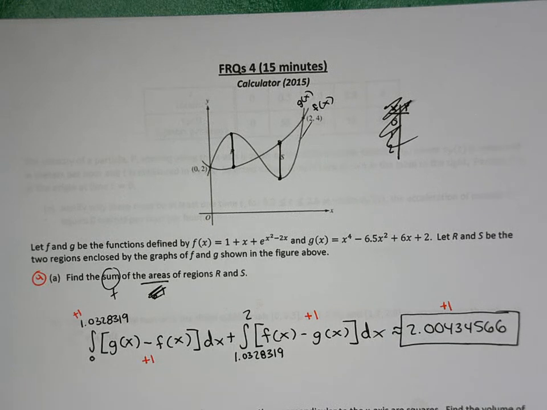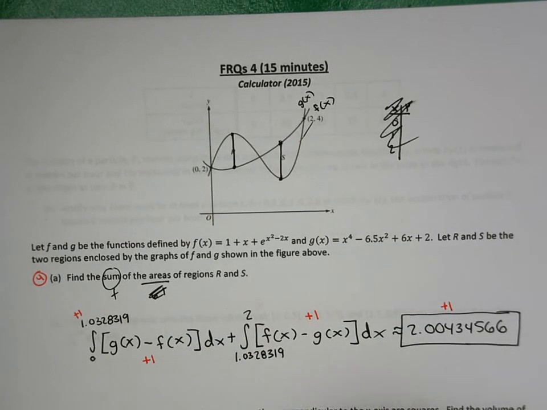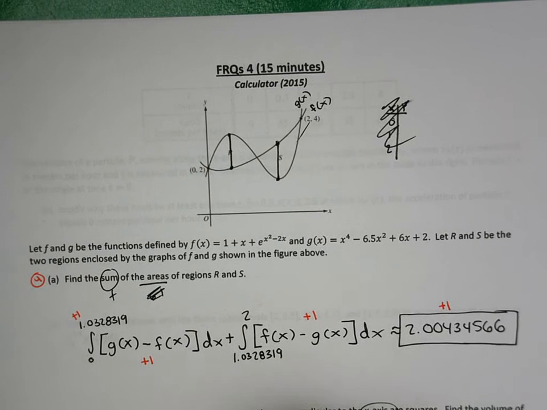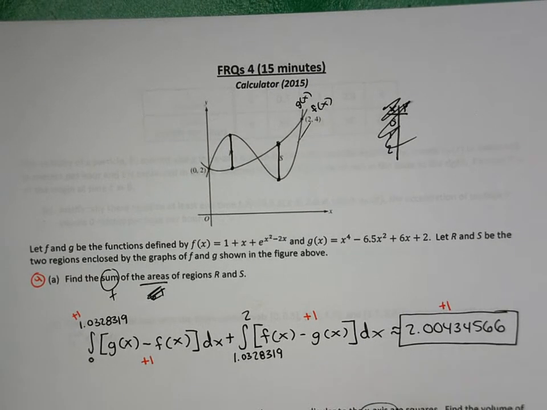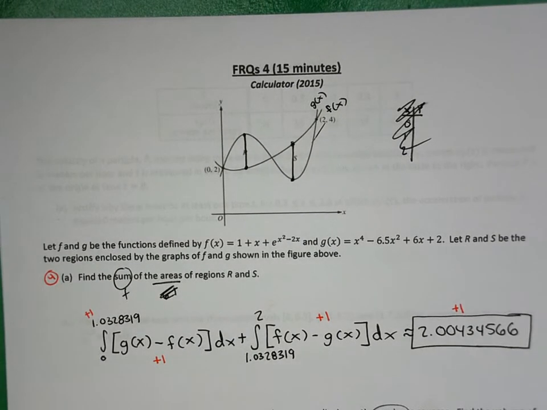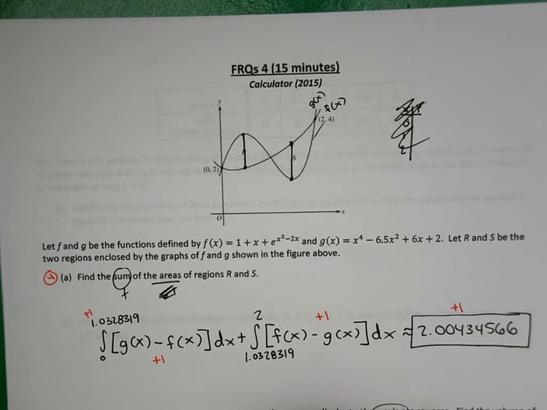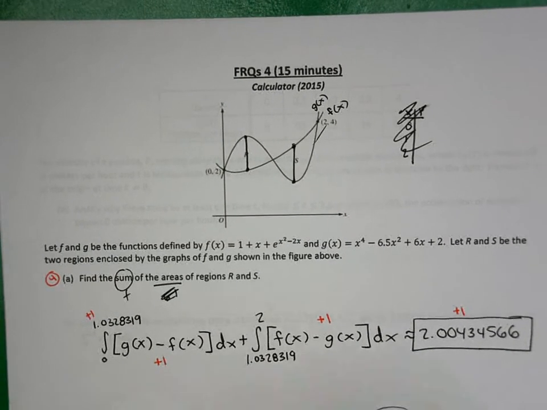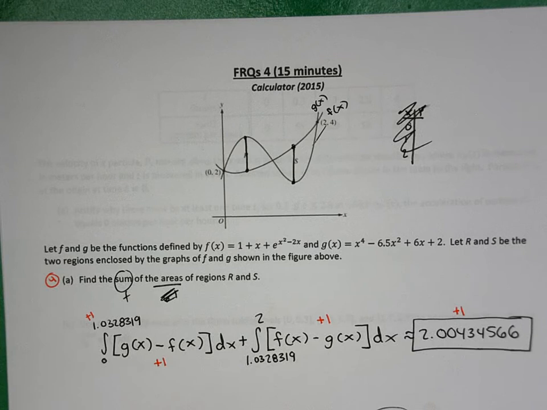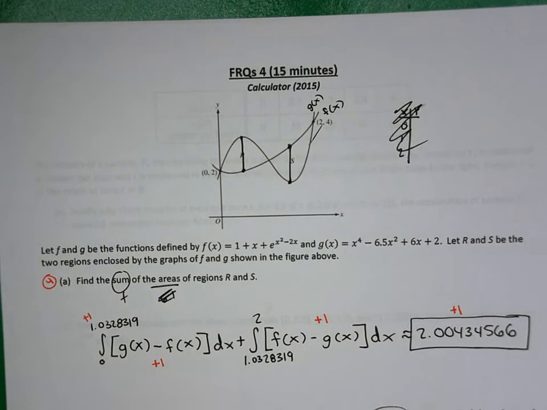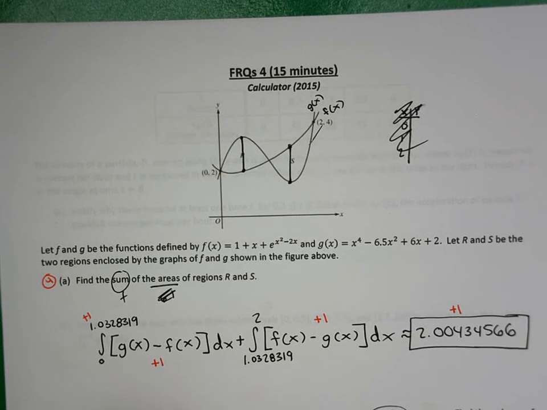Okay, B. B says region S is the base of a solid whose cross sections, so we're talking 6.3 here, perpendicular to the x-axis, so we're in terms of x, are squares, so we're talking s squared. Find the volume of the solid. Okay, so again, 6.3 is where we're looking. In terms of x, woohoo, it's just region S that we're doing for this one, so we're just going to be doing from the 1.0328319 to 2.